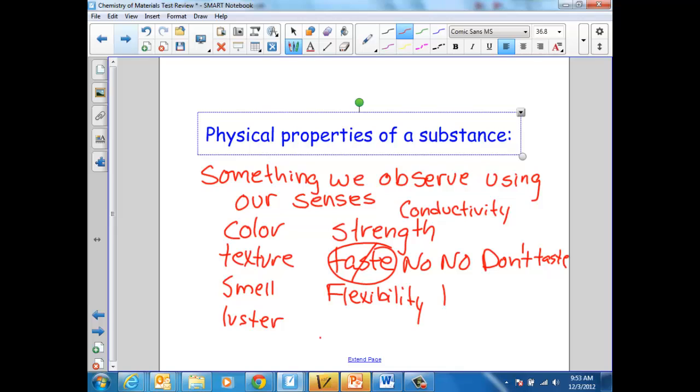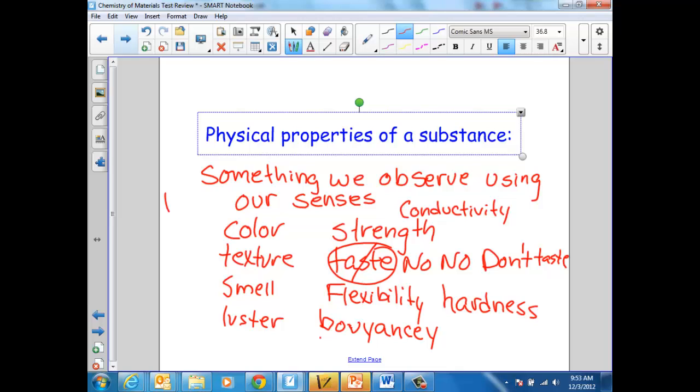Hardness. Buoyancy. Okay. Buoyancy, I think this is right. Yes, ability to transmit light.